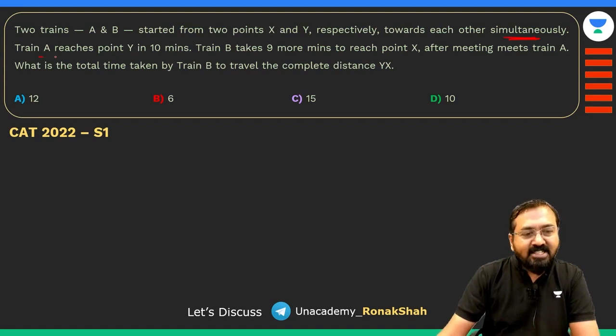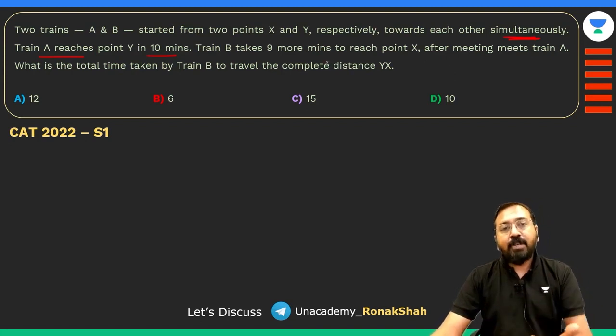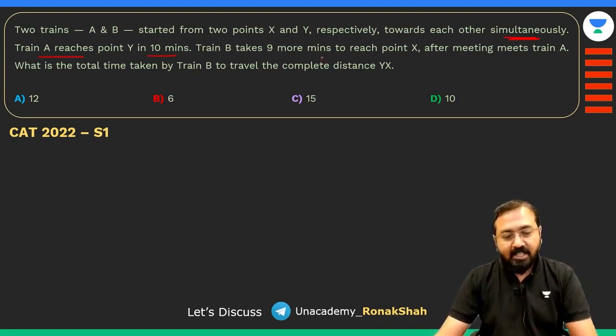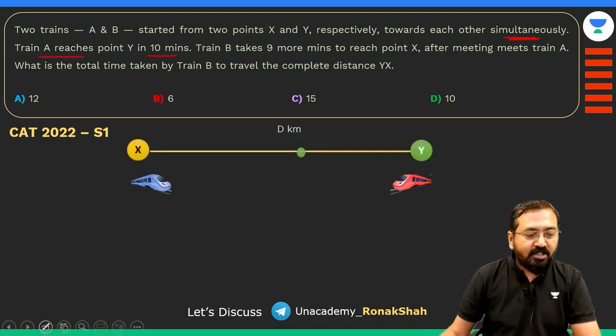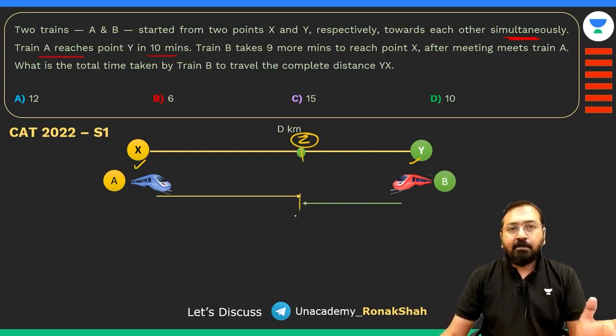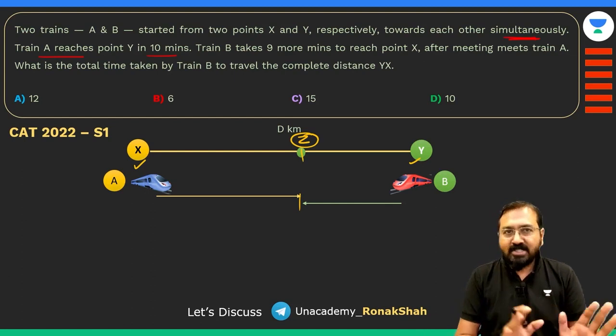Now train A reaches point Y in 10 minutes and train B takes 9 more minutes to reach point X after meeting train A. So let's understand the scenario through a diagrammatic representation. As I have shown on the screen, I have shown two points X and Y from where train A and B started, and let's assume that they are meeting at point Z over here, which is somewhere in between. We don't know whether it's exactly in the middle or it's towards Y or towards X, and so on and so forth.